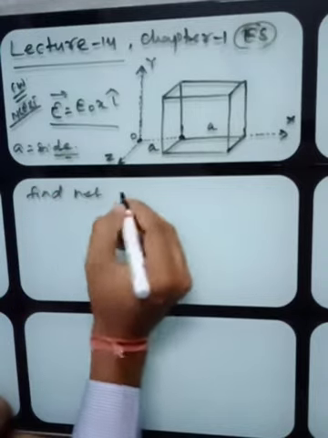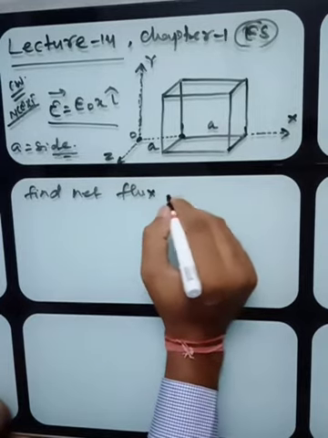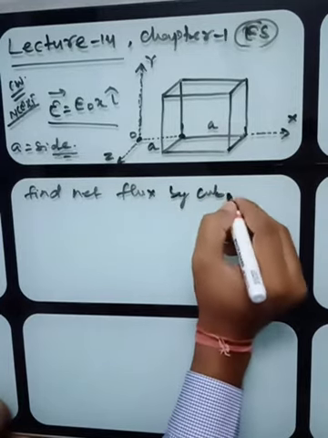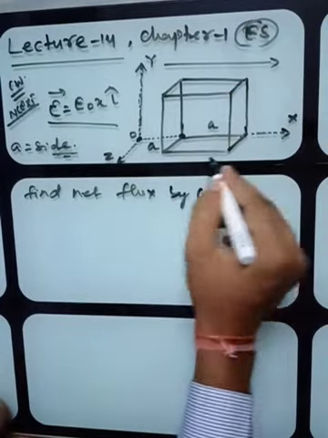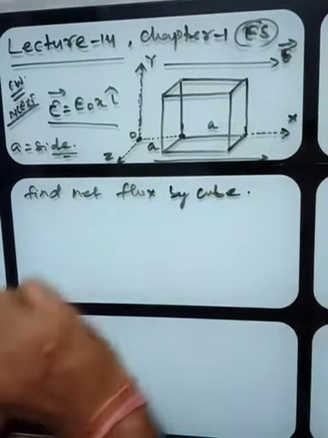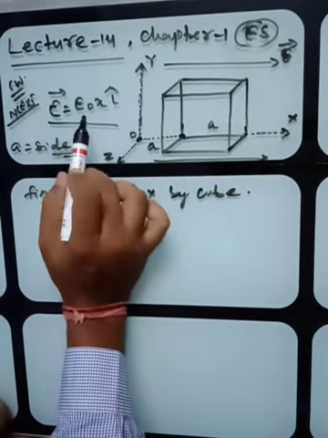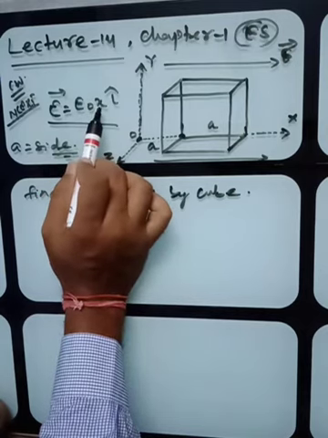Now you have to find the net electric flux by the cube. But this electric field, remember, is not uniform, it is not constant. As you are moving, for every x meter, the electric field is changing.